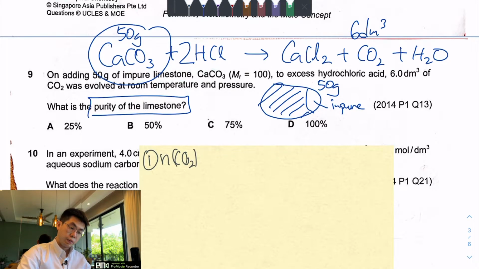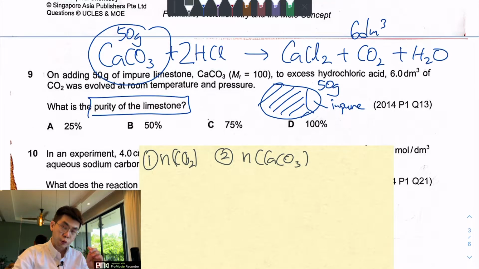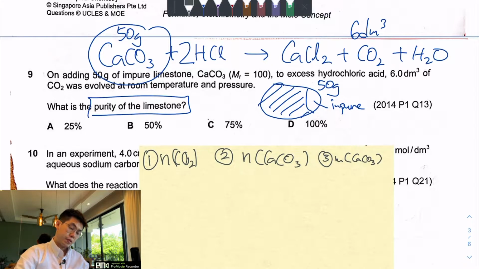So we're going to calculate how many moles of CO2 is there. Then the second step is that using mole ratio, I'll find out the number of moles of calcium carbonate that reacted. That means this is the number of moles of pure calcium carbonate. And then the third step, I can find the mass of calcium carbonate. Alright, okay, so let's start.